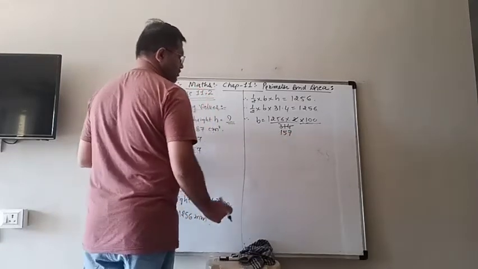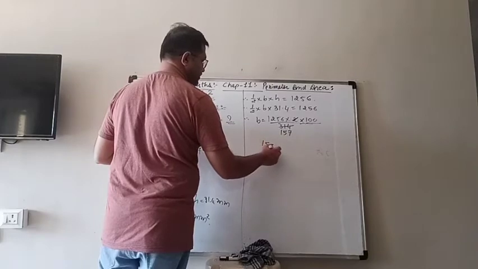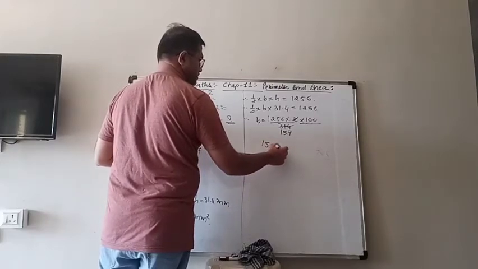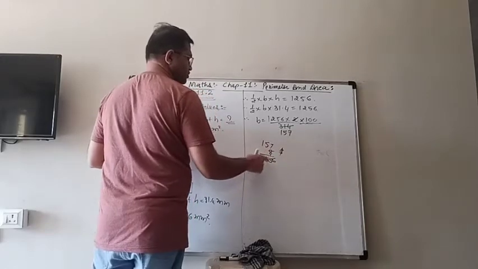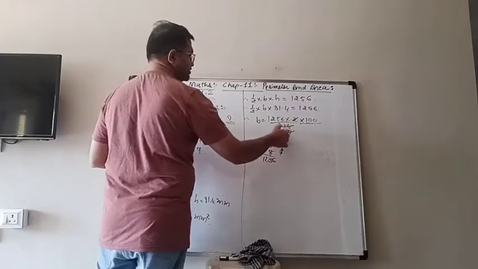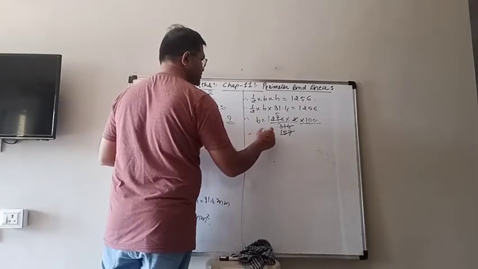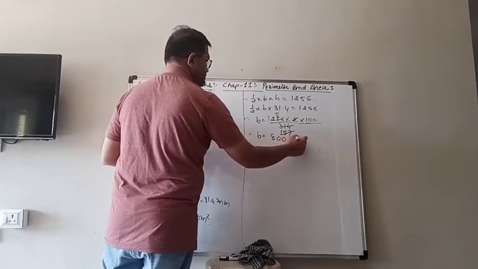Now we can try with 157, 8 7s are 56. So you get 1256. So 8s are. So now B is equal to 8 multiplied by 100, that is 800 millimeter.